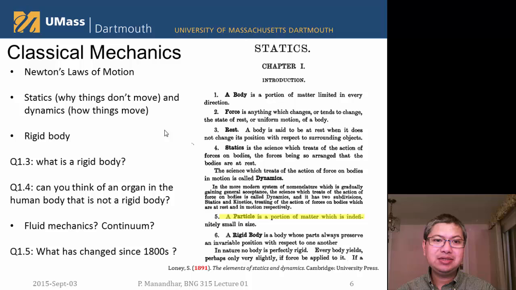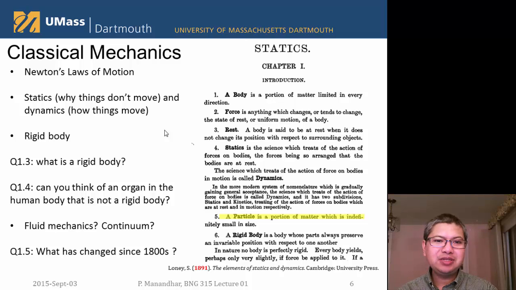And dynamics is when they're moving with respect to each other, and how they move. You can relate that to Newton's laws. For example, Newton's second law talks about how a body can accelerate if a force is applied to it.